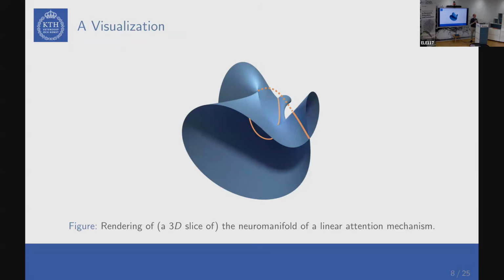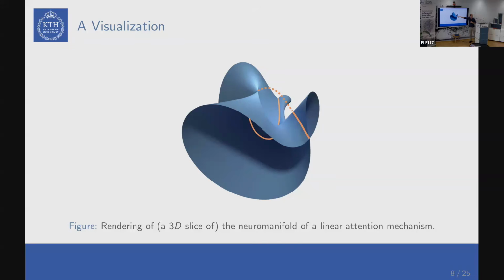Okay, so how can those neuromanifolds look? I'm going to immediately throw at you a rendering of a real neuromanifold. This is an actual rendering that we did. It is a 3D slice. This is supposed to be a high-dimensional object in a high-dimensional space, but this is a 3D slice.